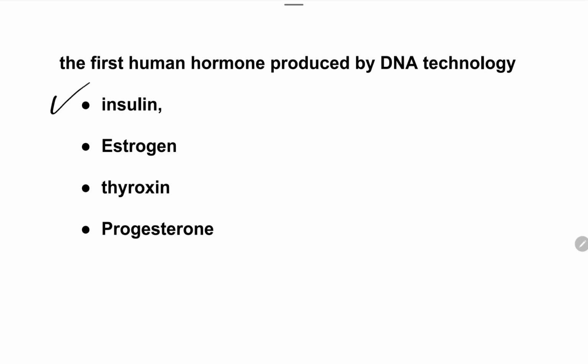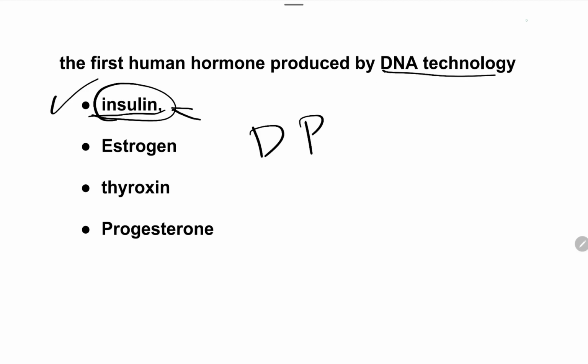The right one is insulin. Insulin we can use for diabetic patients. When they don't have sufficient insulin in their body, we give the insulin hormone externally. This hormone is produced by DNA technology.